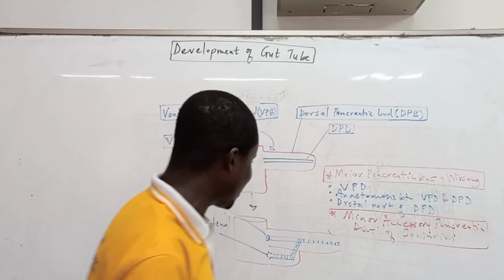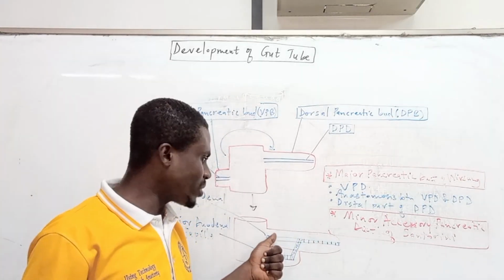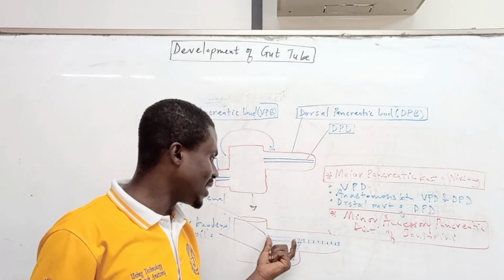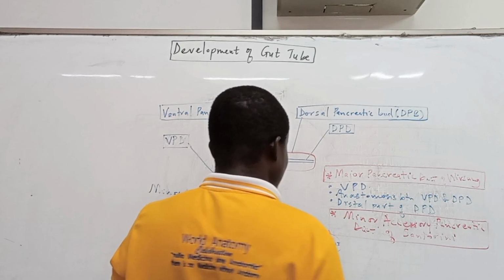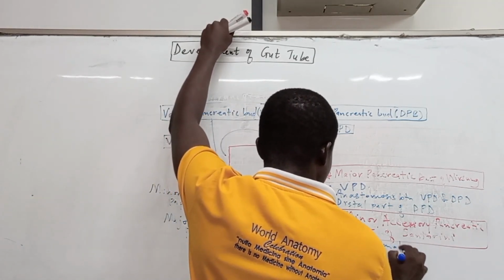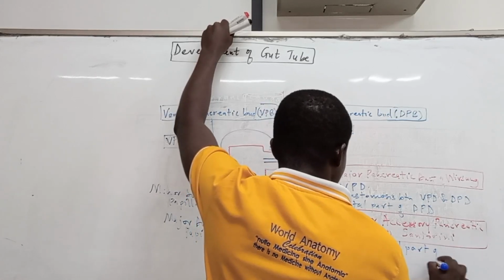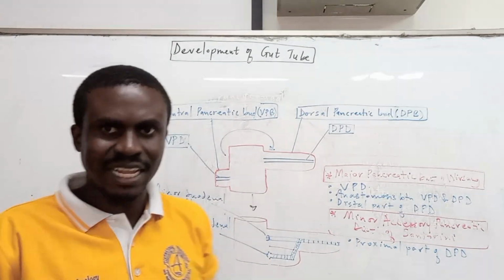Okay, so if I ask this question, what's the answer? We are still talking about the dorsal pancreatic duct, but this time which portion? The proximal portion. So simply your answer is the proximal portion of the dorsal pancreatic duct. It's as simple as that.